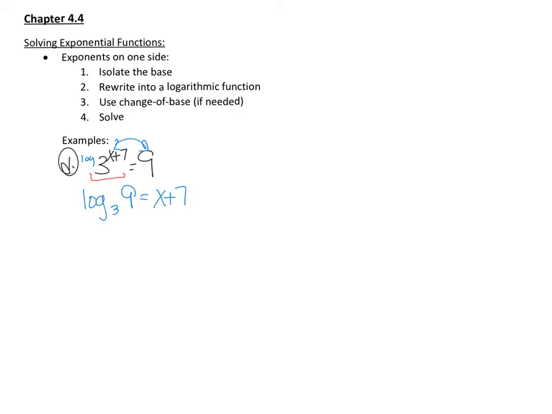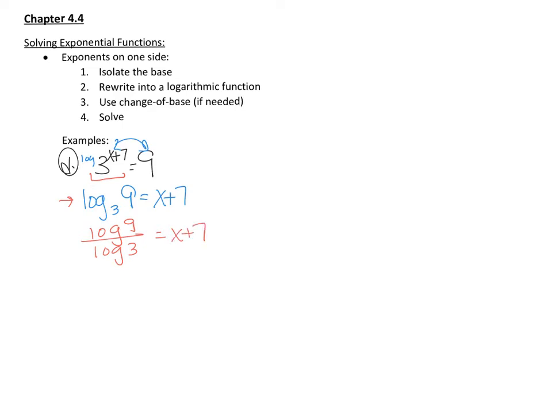All right, so now on this left-hand side where I've got my log, I can solve this using my change of base property. So I can rewrite this as log 9 divided by log 3 equals x plus 7.